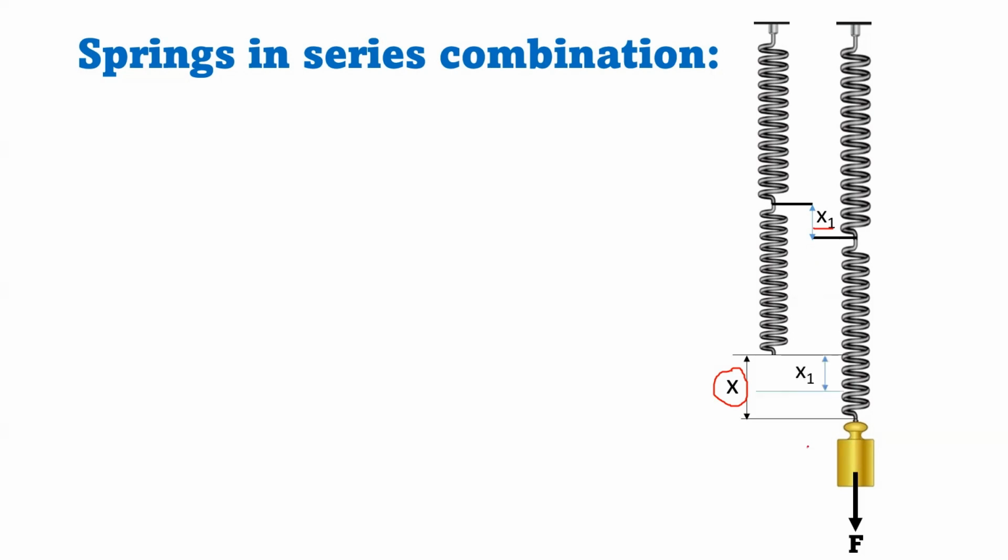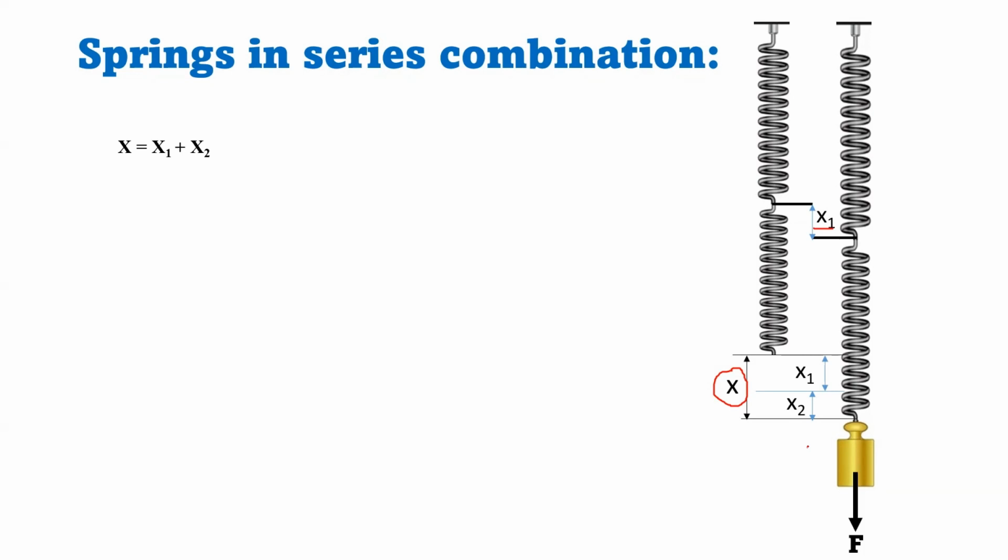What elongation we get in spring 1 is x1, and the remaining portion left over is x2. So in this case, the total elongation x equals x1 plus x2.